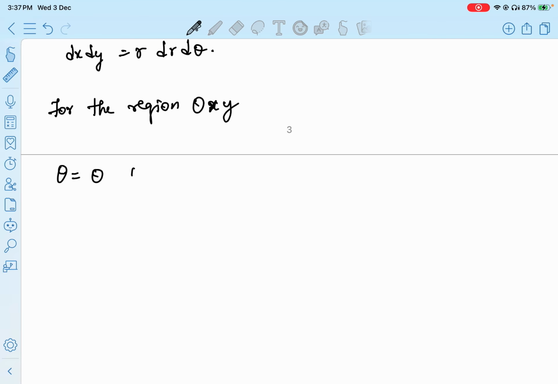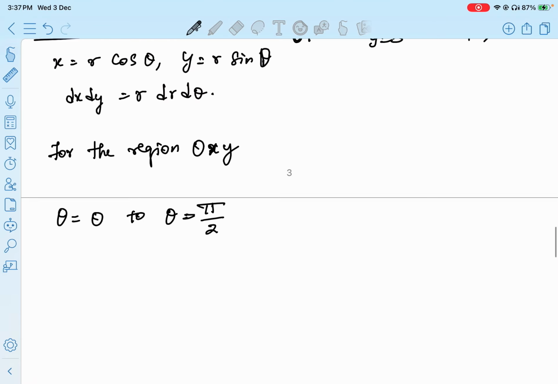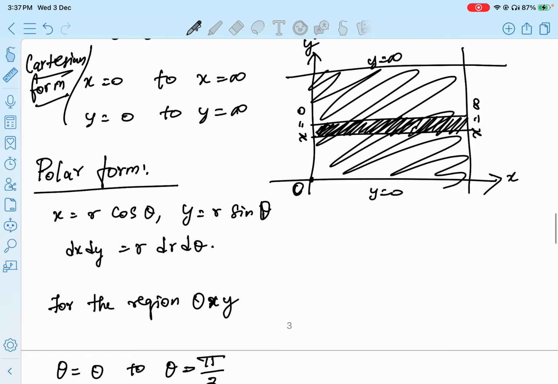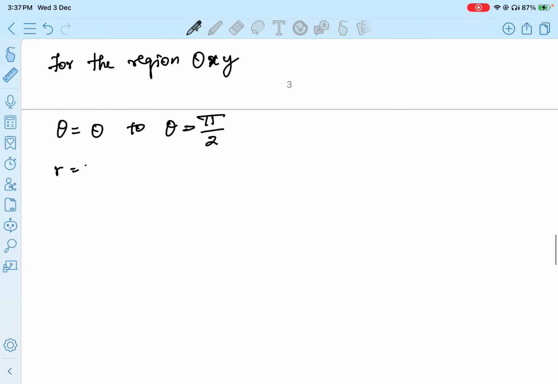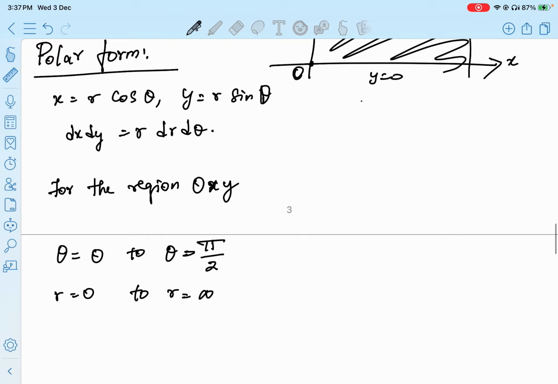So theta goes from 0 to pi by 2, the first quadrant, the upper top right quadrant, and r goes from 0 to infinity. Okay, so r also we don't know.